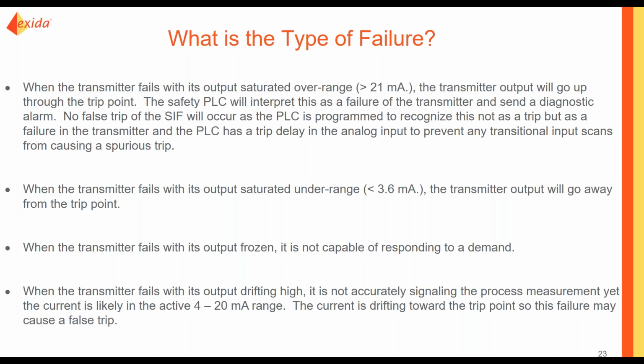No false trip of the SIF will occur because the PLC is programmed to recognize this not as a trip, but as a failure in the transmitter, and the PLC has a trip delay in the analog input to prevent any transitional input scans from causing a spurious trip.